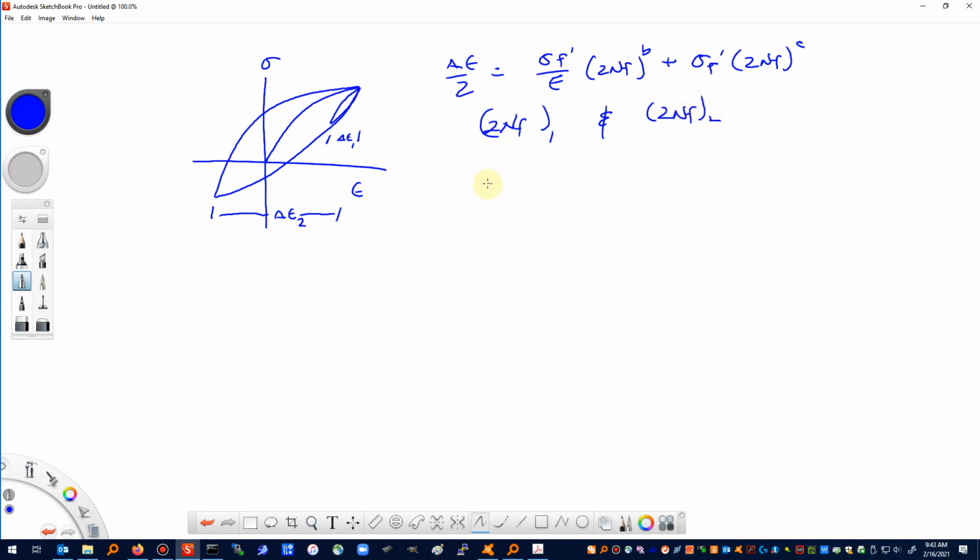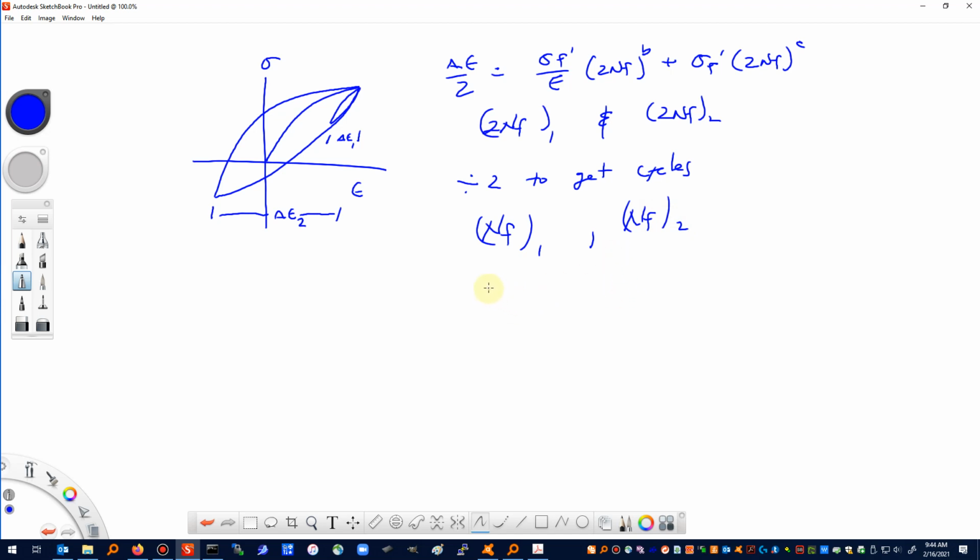Then we can divide that by 2, okay, so now we have the number of cycles for strain range 1 or strain amplitude, and the number of cycles for strain range 2.